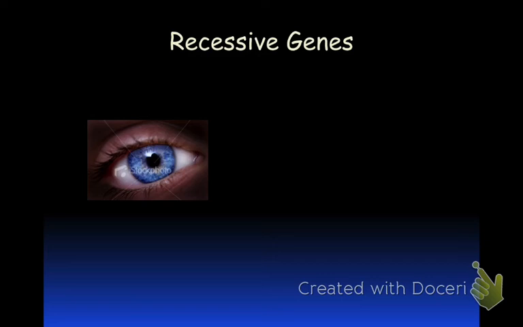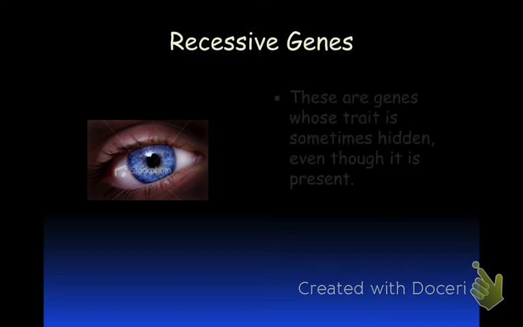So if we have an individual that has blue eyes, that blue gene is a recessive gene and can always be covered up by a dominant gene. So in order for someone to have blue eyes, they have to have both of those recessive genes, one from the mother, one from the father, in order to be expressed. That way, if we see someone who's got a recessive trait being expressed, we know that they are pure recessive.